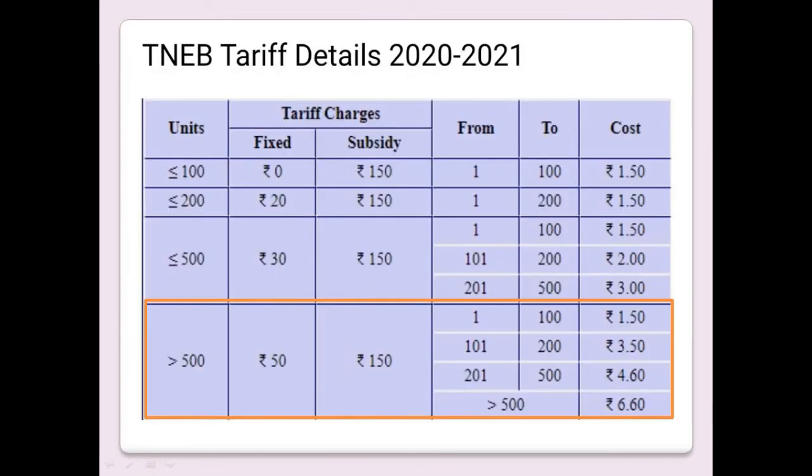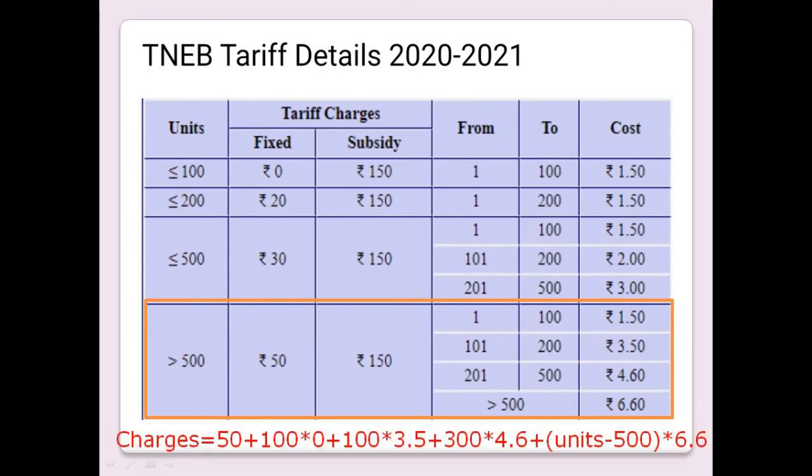Similarly, for the last case, we again calculate the charge by partitioning the units into parts. For the first 100, for the next 100, then for the next 300, and finally for the units exceeding 500. Here the charge is Rs 50 plus 100 into 0 plus 100 into 3.5 plus 300 into 4.6 plus (units minus 500) into 6.6.